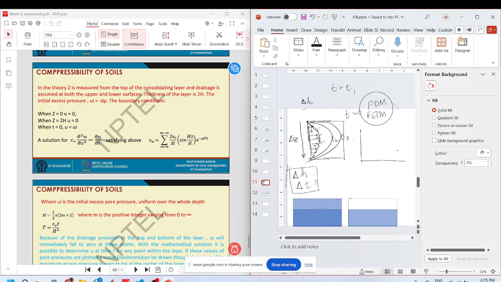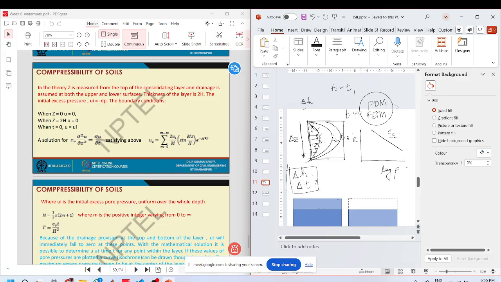So the parameters that we want to calculate are the slope of this log p and e line, which is Cc.